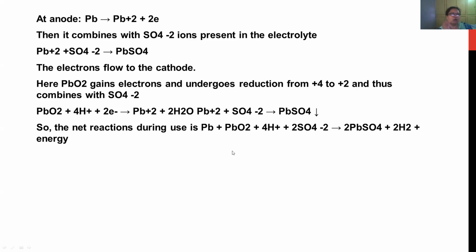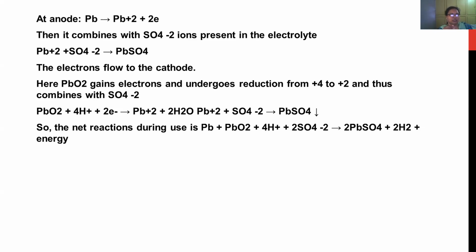When all the lead and lead dioxide combine to form lead sulfate, that means all the anodes and cathodes of the battery are coated with lead sulfate, and the battery becomes dead. So now what to do? You are going to charge it.